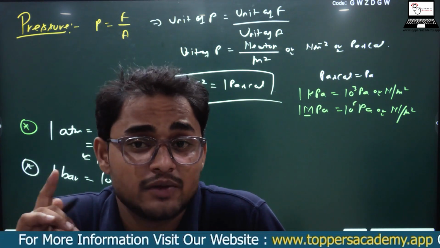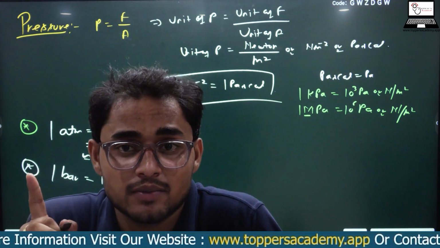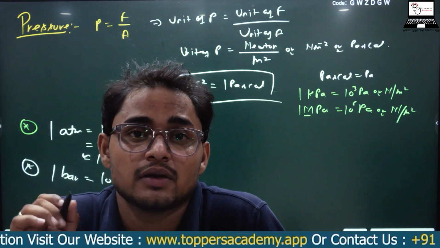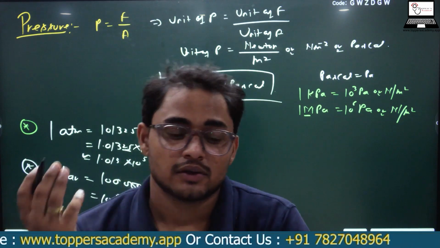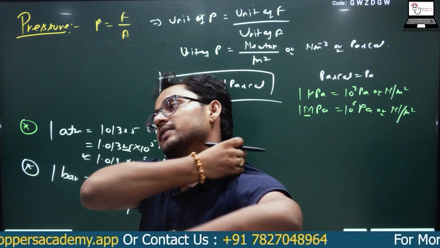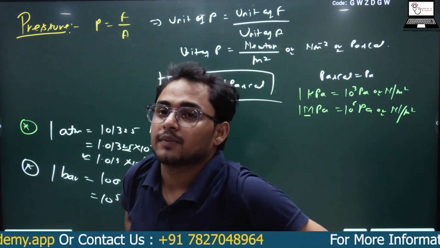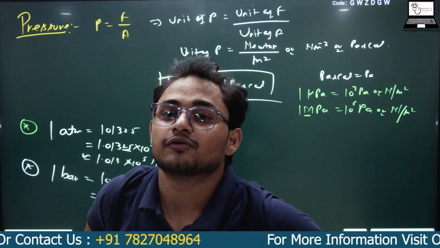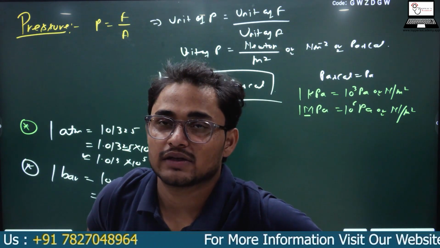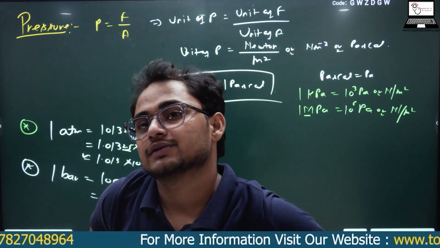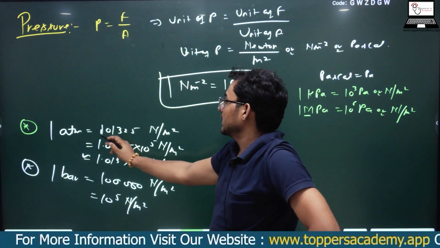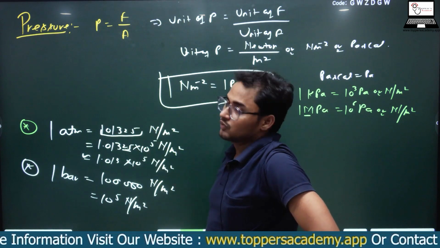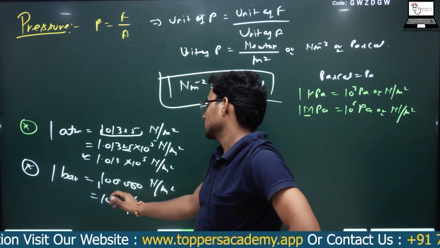Which one has the higher measurement, one atm or one bar? Whose value is higher? Suppose there is one atm pressure and one bar pressure. Which pressure will be higher? Now listen, one atm is equal to 1,01,325 Newton per meter square, and one bar is equal to 1 lakh Newton per meter square.